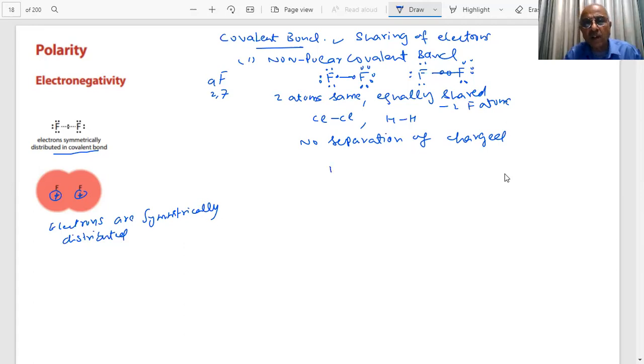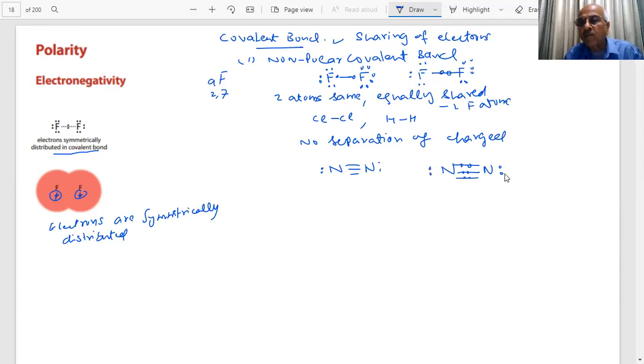You take nitrogen. What is happening in nitrogen when you represent it? How many electrons are being shared here in the case of nitrogen? We have shown this is the nitrogen. You know, one, two, three pairs of electrons are being shared by the two nitrogens.